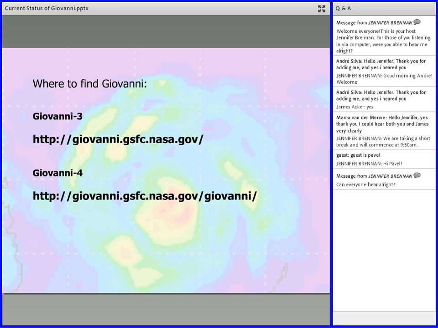If you go to the GES DISC homepage, which is disc.sci.gsfc.nasa.gov, there is a link there. If you go to the regular Giovanni homepage, there's a link to Giovanni 4. But if you felt like typing it in yourself, you can see the URL on this slide, and it's simply the Giovanni URL with the next section, Giovanni, and that will get you to where Giovanni 4 currently resides.